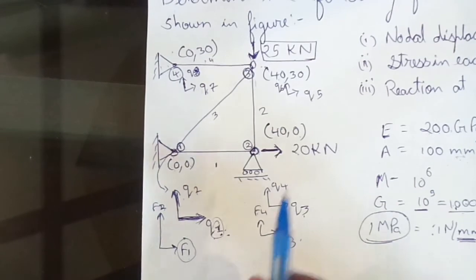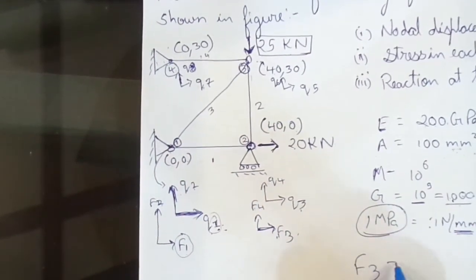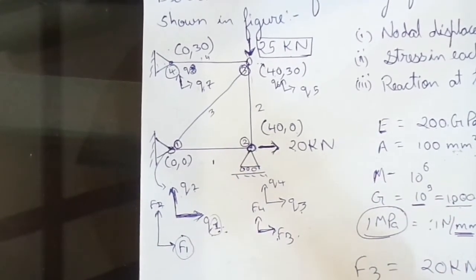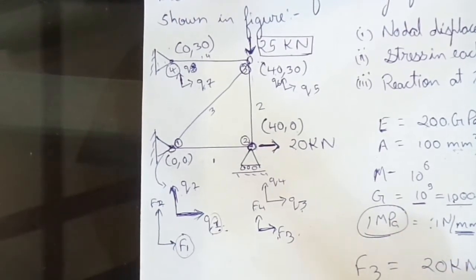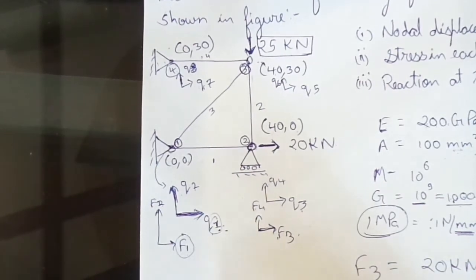It is in horizontal, no? So F3. So you got F3 is equal to 20 kilonewton, and we know towards right side it will be positive and towards left side it will be negative, right? The representation. Are you able to see? Okay.